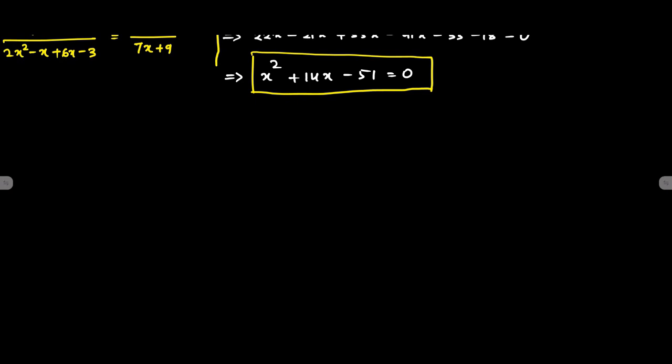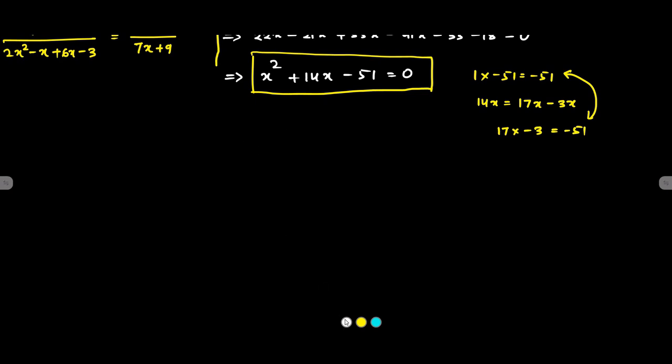Let me write it down. Here the product of the two extreme terms is 1 into minus 51, that is equal to minus 51. 14x we can split as 17x minus 3x, with the product 17 into minus 3 also equal to minus 51. So we can split it in this way.